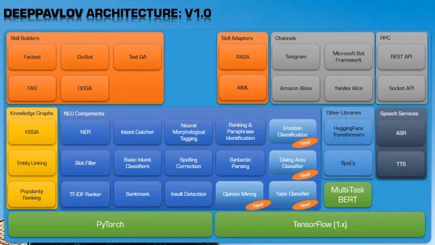We want to add more components coming from DeepPavlov Dream, which was a productization of our original social bot built for Amazon Enterprise. And we also want to make a big transition of all of our key components from TensorFlow 1.x to PyTorch.